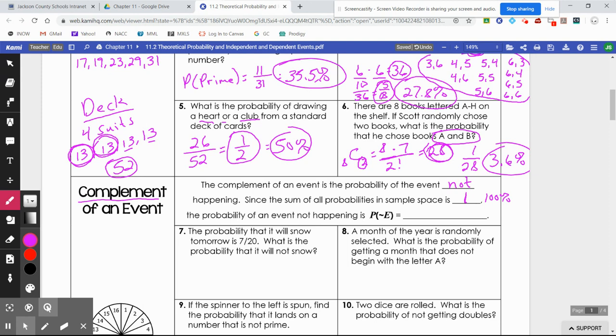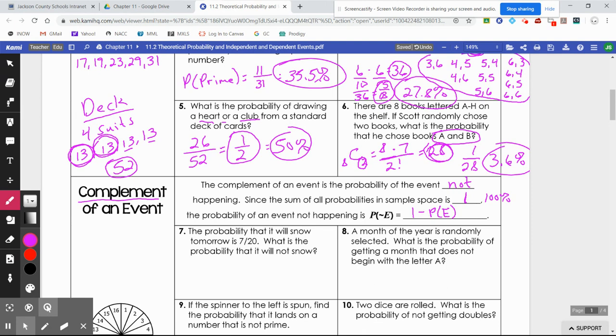The probability of an event not happening, the little squiggly means not, would be 1 minus the probability of the event happening, or 100% minus the probability. Again, the probability of not rain would be 100% minus the probability that it will rain. So if it's a probability of 70% that it will rain, then 100 minus 70 would be a 30% chance of not rain.